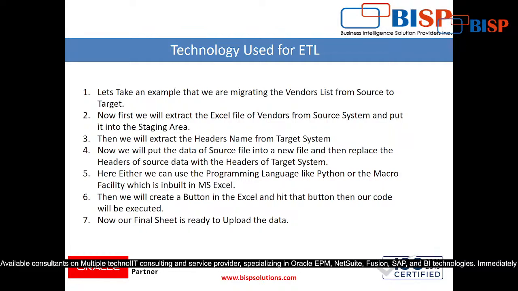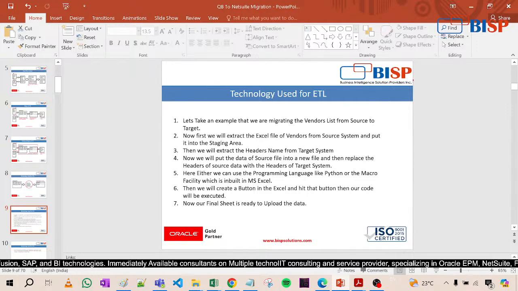Similarly, if you connect Python with the Excel sheet, we will add a button in the ribbon of the Excel sheet, and as soon as you hit the button, all your Python code will start executing and the headers will start being replaced with the target system headers. In this way, your final sheet is ready to upload the data. So this is how the complete process works.